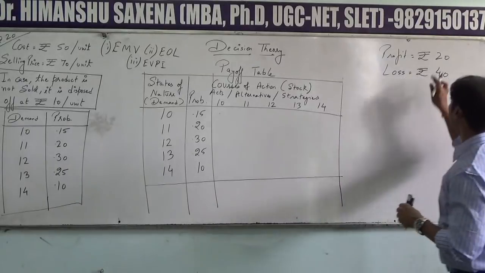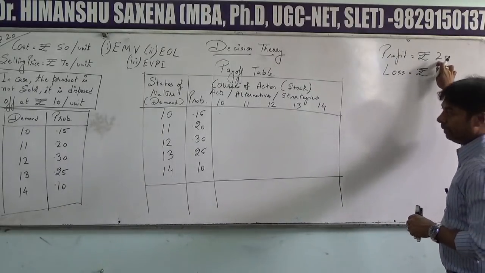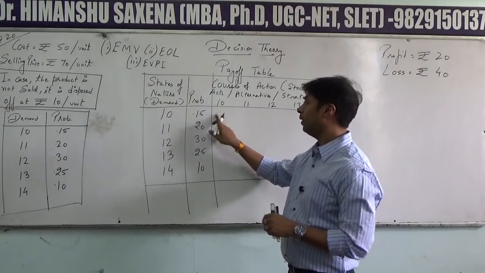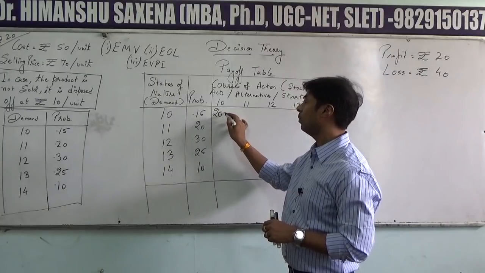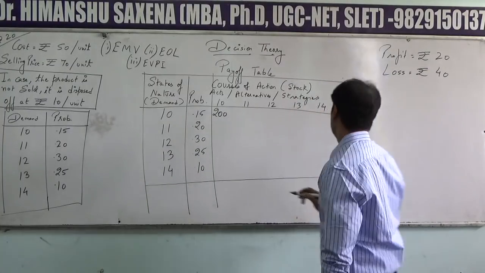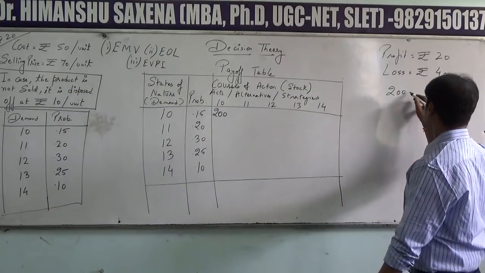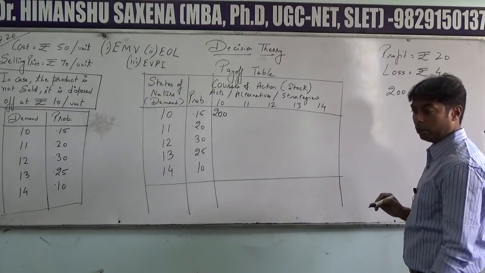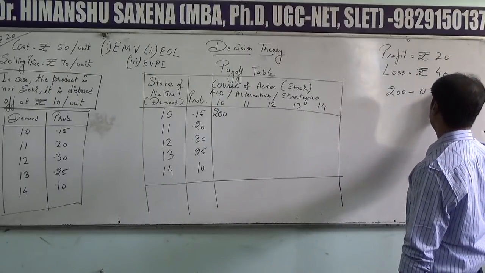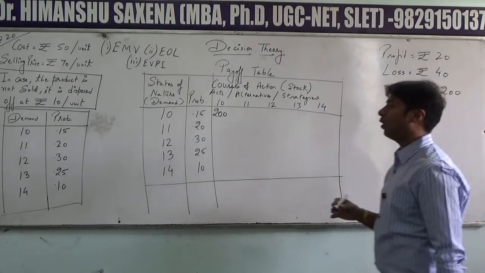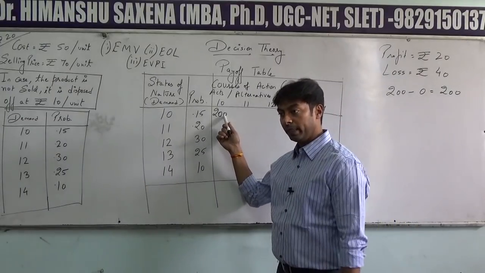If 1 unit is giving you a profit of ₹20, what will be the gross profit on 10 units? That will be equal to 200, right? You will have to calculate the profit, and if there is any loss or cost involved, you will have to eliminate it. So over here, the profit will be equal to 200, right?